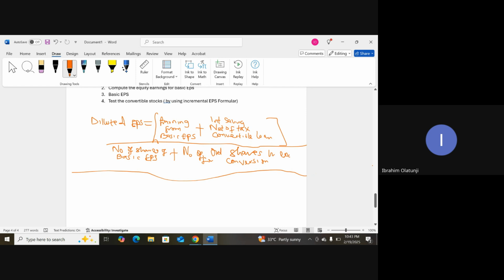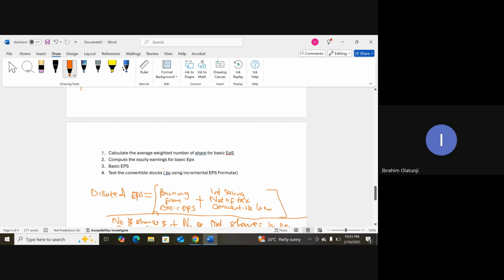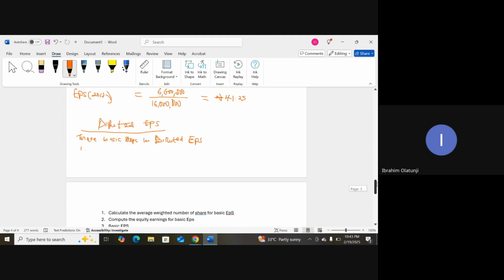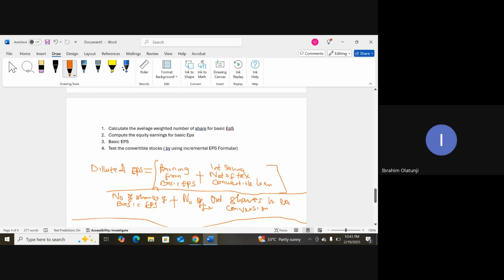What I want to do is the incremental EPS formula, because I've explained the steps we need to take while computing diluted EPS. There are basic steps. One, calculate the weighted average number of shares for basic EPS, the one we did before. Two, compute the equity earnings for basic EPS. Sometimes they give you the earnings, sometimes you calculate it.